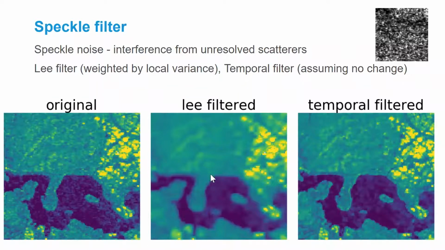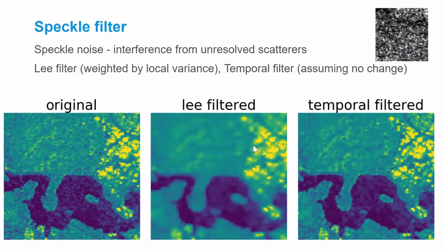So if you implement a Lee filter, what this does is it's taking a windowed, so within a small moving window, it's doing some sort of mean, but the way that it's doing it, it's not a simple smoothing moving window mean. It's also accounting for the local variance, which means it's better at preserving the edge.